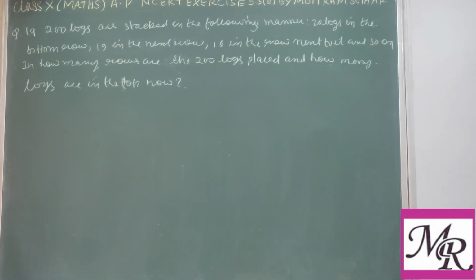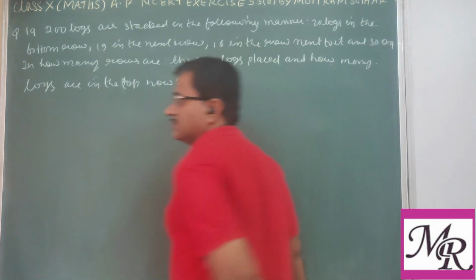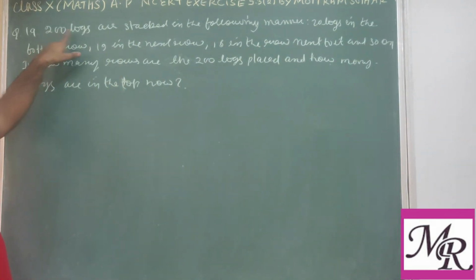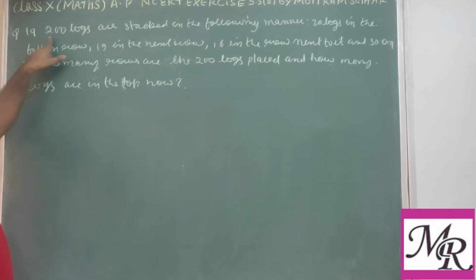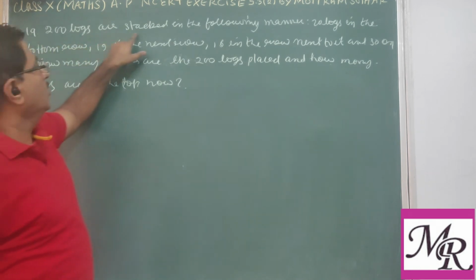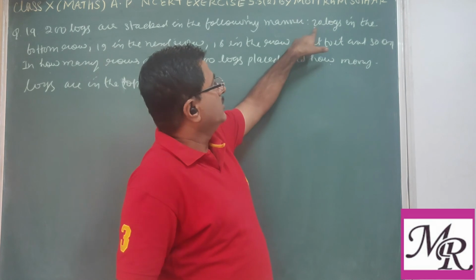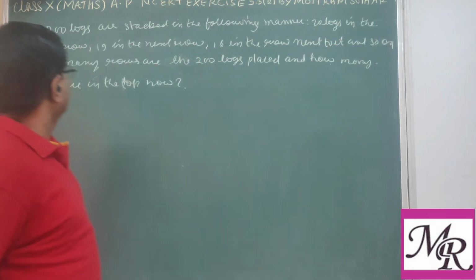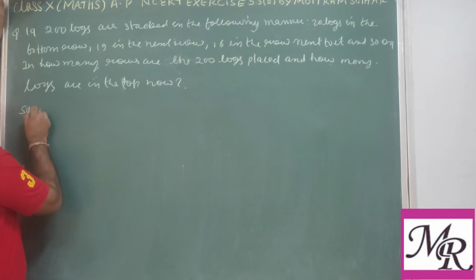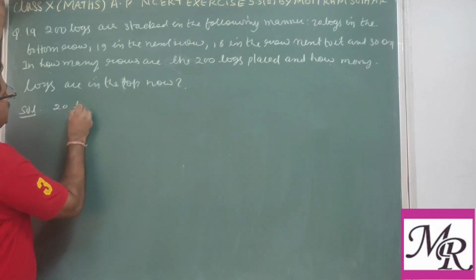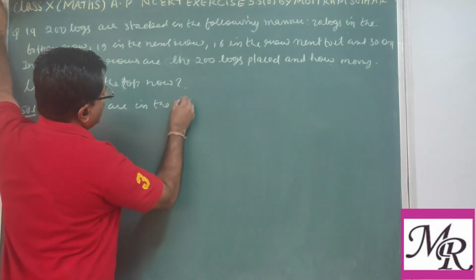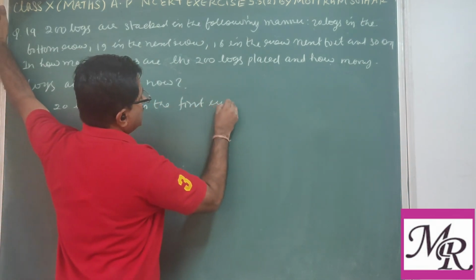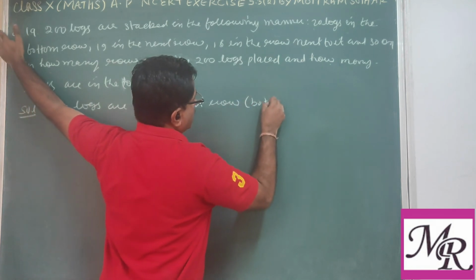Next is a student problem, that is this: 200 logs are stacked in the following manner. Here we are given a total of 200 logs, or blocks of wood. 20 logs are in the bottom row, that is the first row.